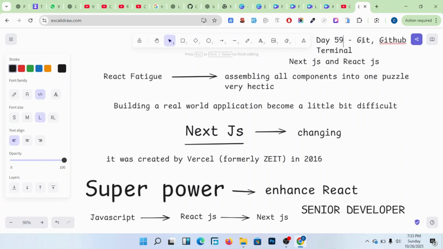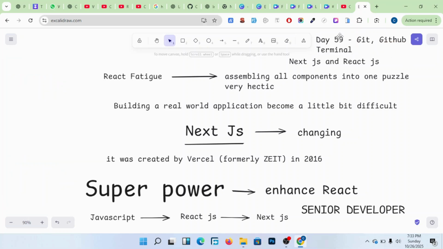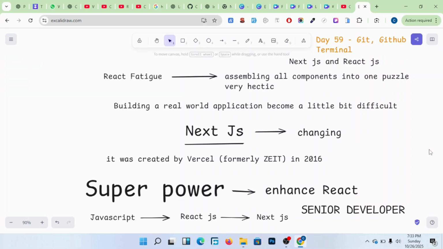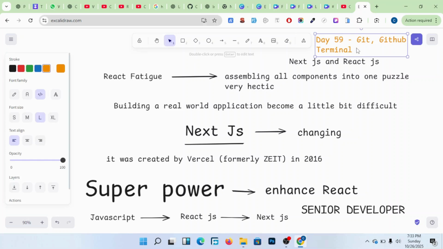Day 58 is today. On day 59 we are going to introduce Git, GitHub and the terminal. Members, don't miss it. This is a prerequisite for starting day 60. You should know GitHub and the terminal very well.